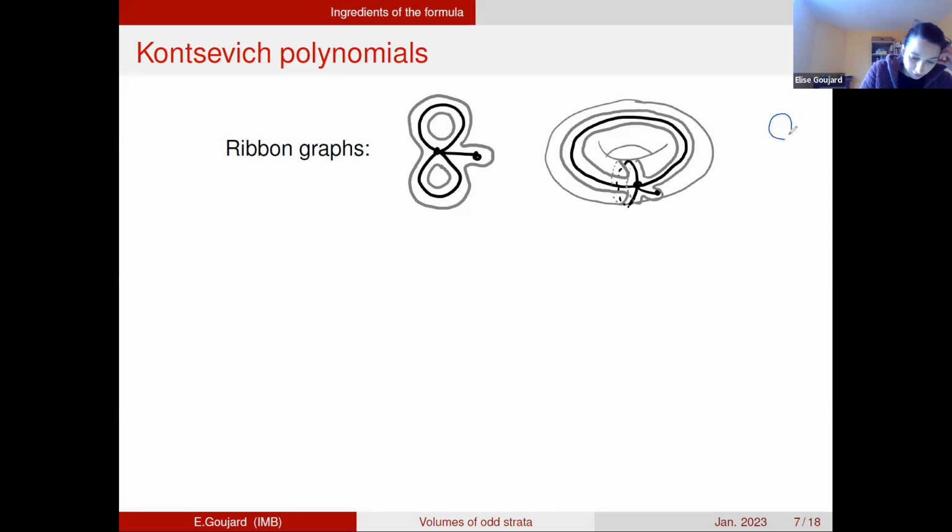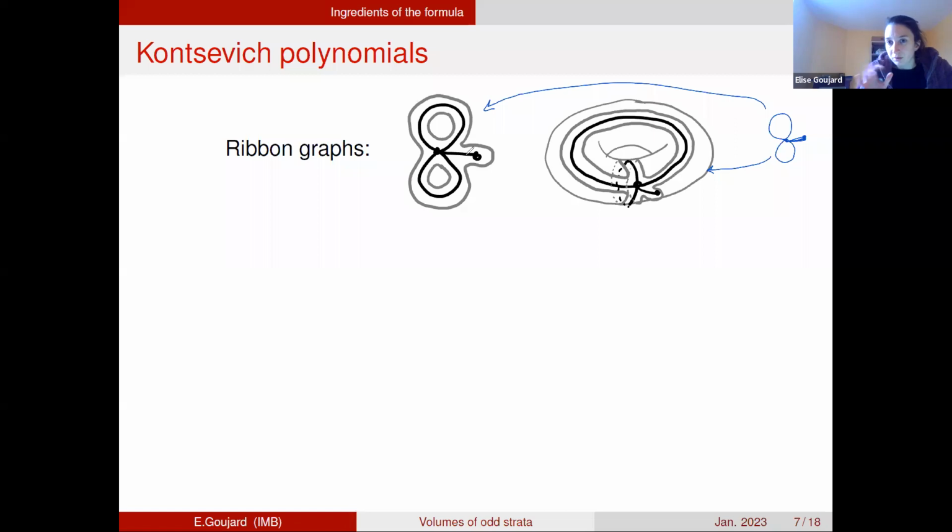It's just this graph with two loops and one other edge, but they are different as ribbon graphs. So here, this is an embedding of this graph in the plane or in the sphere, if you prefer. And here, this is an embedding of this graph in a torus. So they correspond to distinct ribbon graphs.